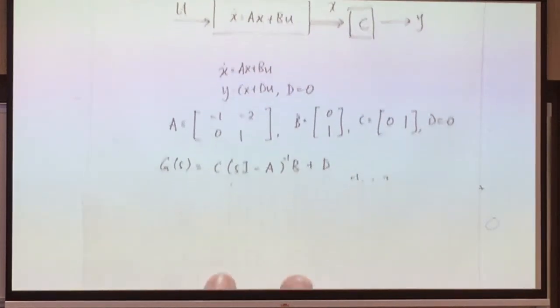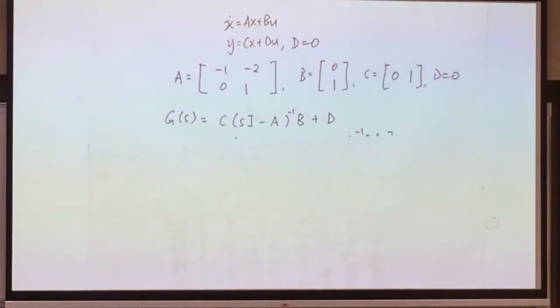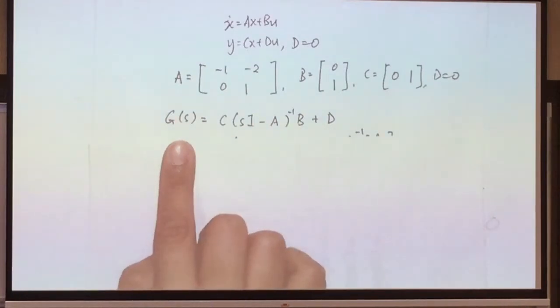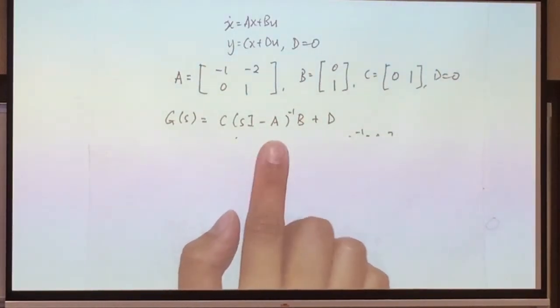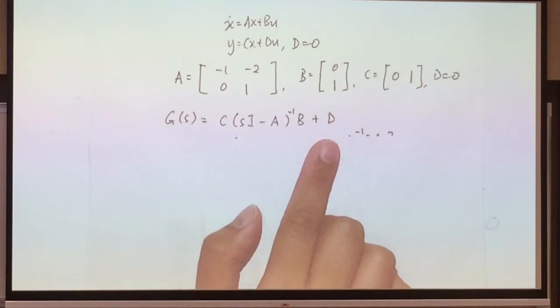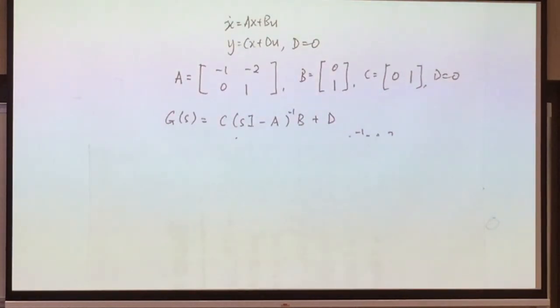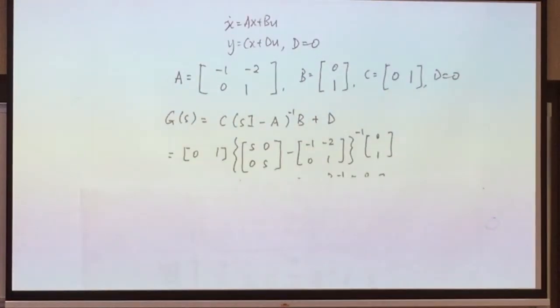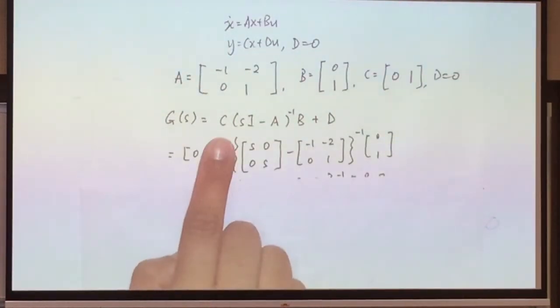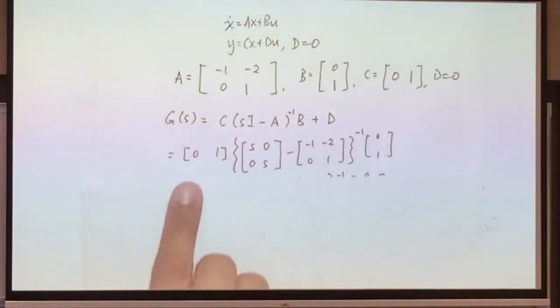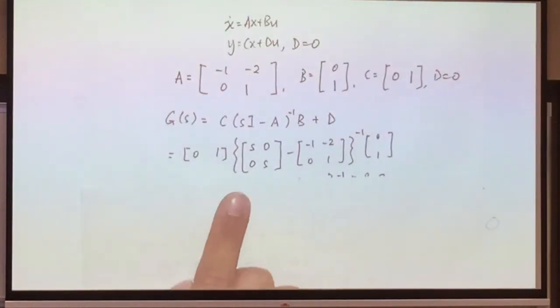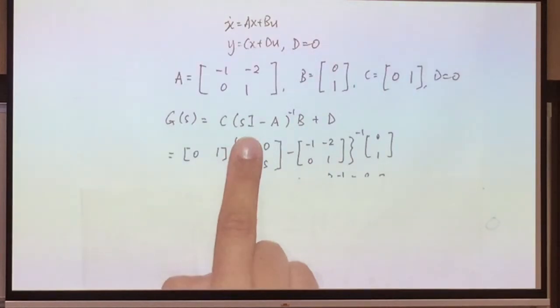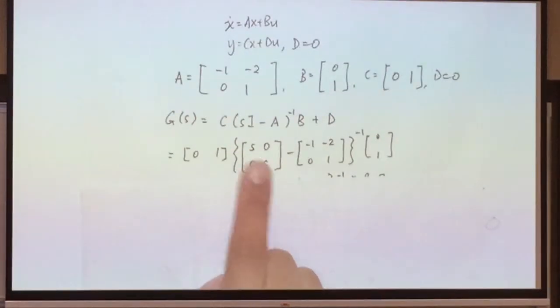You know that your transfer function, which we have derived just now, G(s), is C times (sI minus A) inverse B plus D. Next, we can plug in what ABCD are. C is [0, 1]. In the big brackets, sI, which is s times [1, 0; 0, 1], will be [s, 0; 0, s]. s is a scalar.